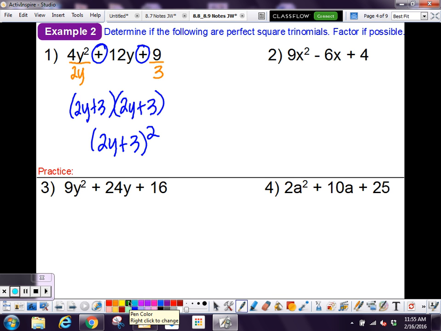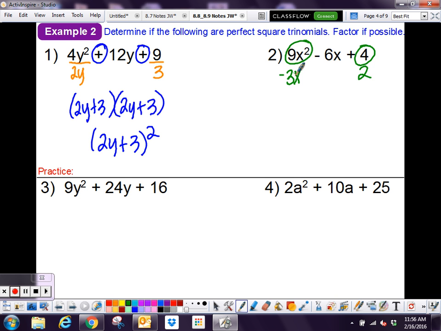All right, number two. My first term is a square, my last term is a square. Notice we have a minus here, so keep that in mind. My first term, the square root of 9x squared is 3x. The square root of 4 is 2. Now in this case, I'm going to multiply those. So 3x times 2 is 6x.